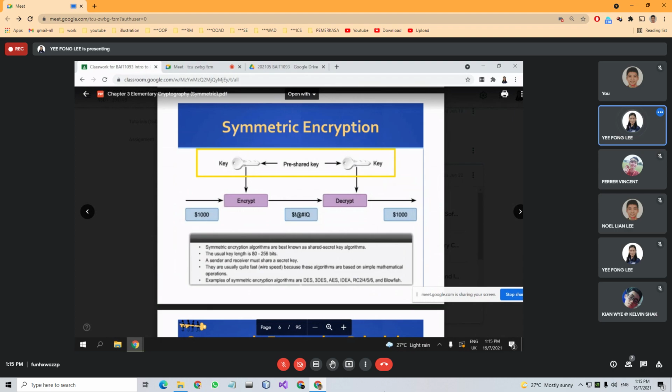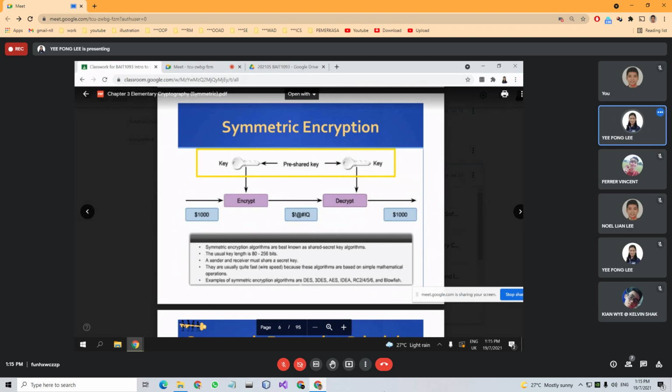Okay, we look at the diagram here. Very clear, this diagram shows one key used for both encryption and decryption. That is the main concept of symmetric encryption: a single key for both encrypting and decrypting the data.